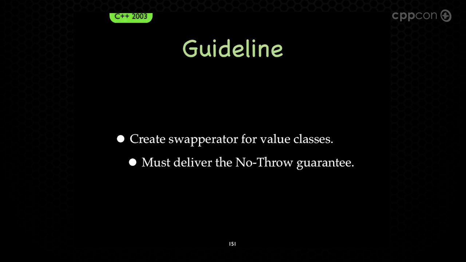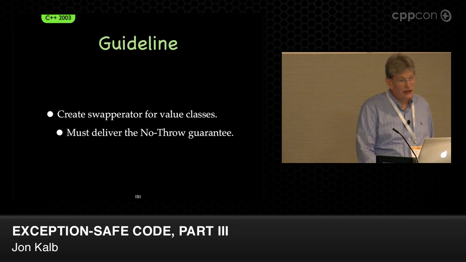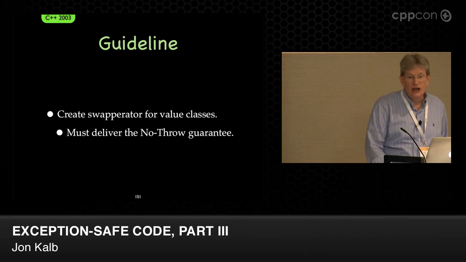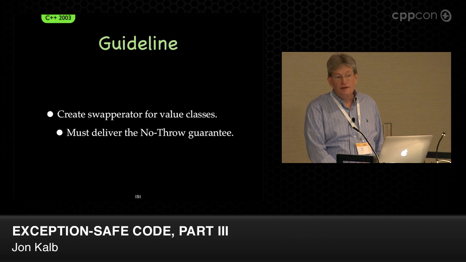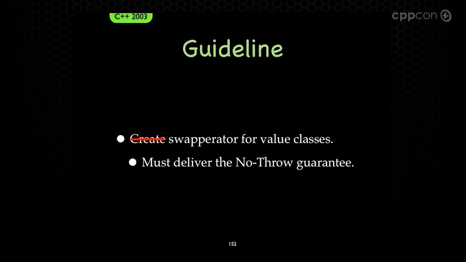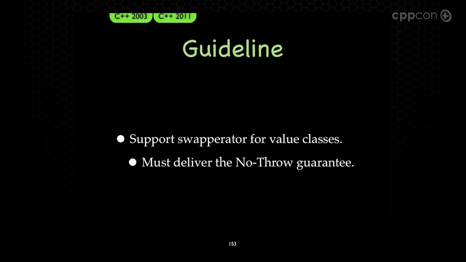All right, so the guideline is: create swap operator for value classes. It must deliver the no-throw guarantee. That's for 2003. It's a little different for 2011 because, as I said before, standard swap already does the right thing if you have non-throwing moves defined for your class. So instead of saying create, if I want to make this work for both 2003 and 2011, I say support.